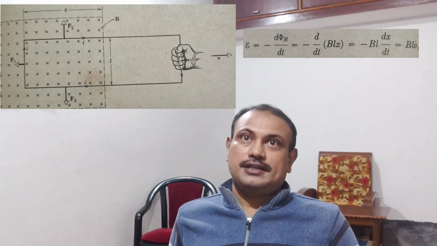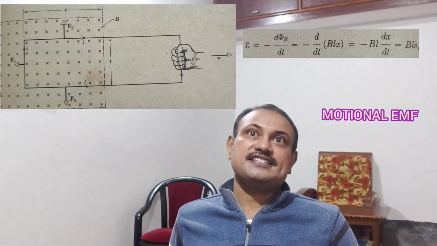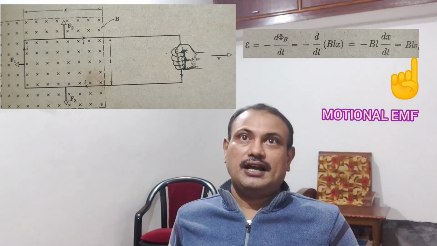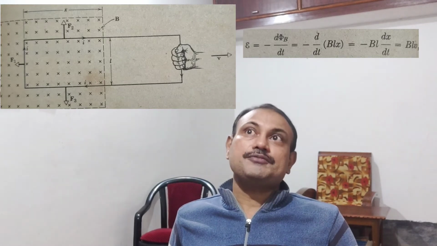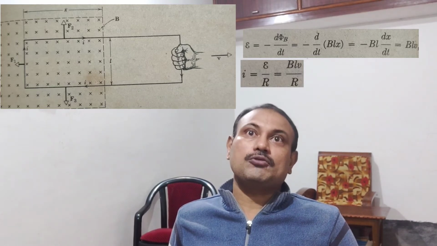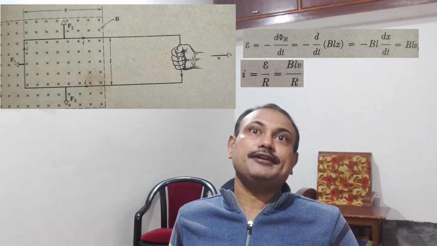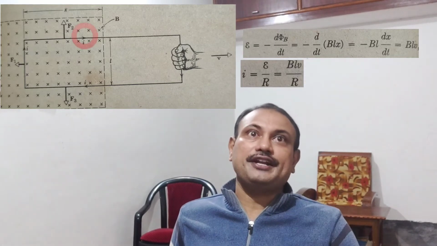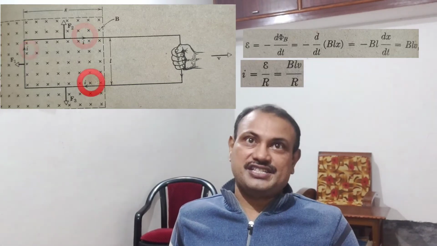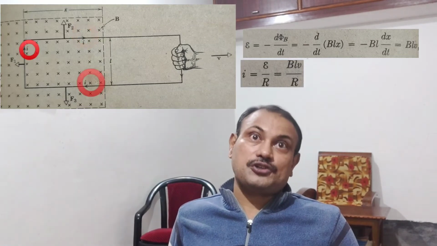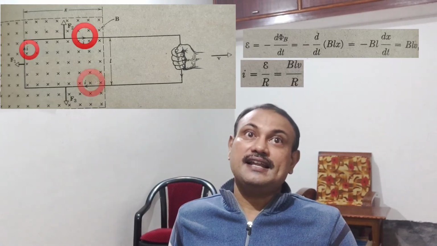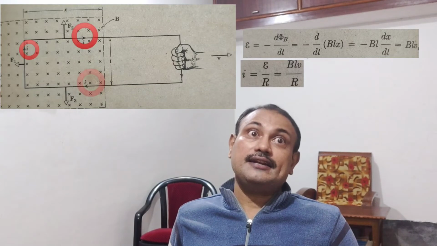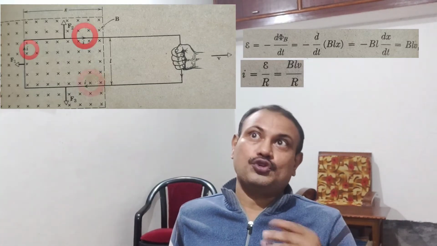Once you get the expression for the motional EMF, divided by the resistance of the loop, you get the current expression, that is, the induced current I will be equal to B L V by R. The direction of the current by Lenz's law is clockwise, such that it opposes the decrease in magnetic flux by setting up an additional magnetic field which is parallel to the external magnetic field, as shown in the diagram.